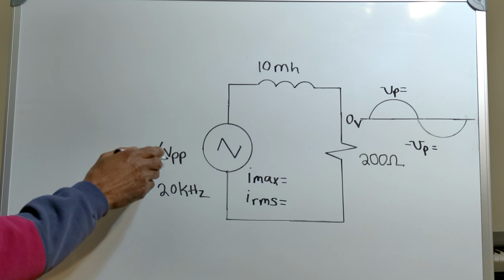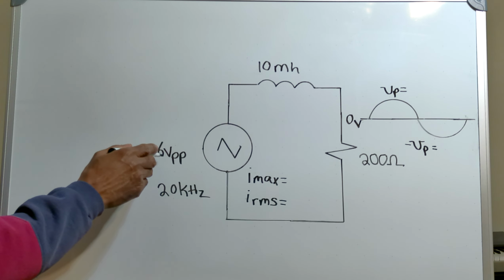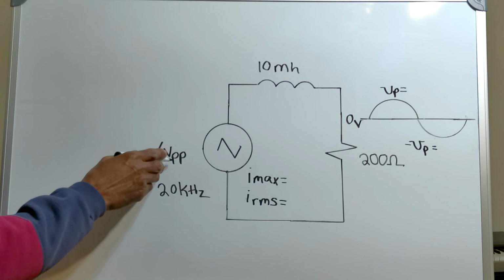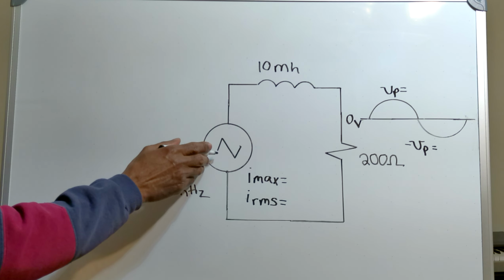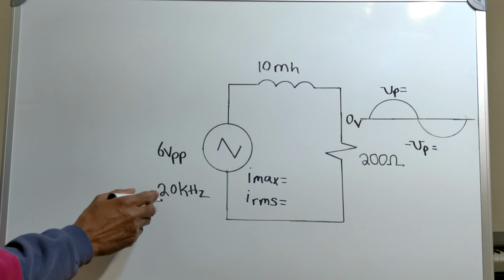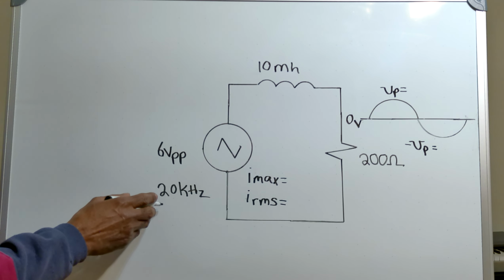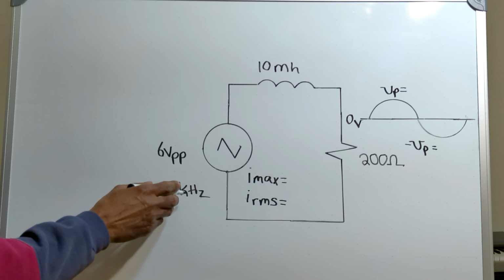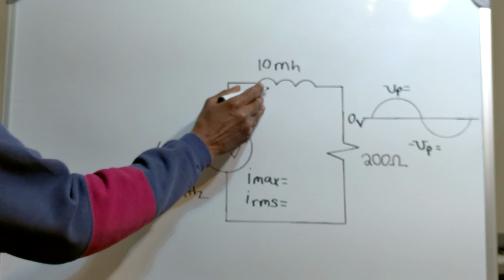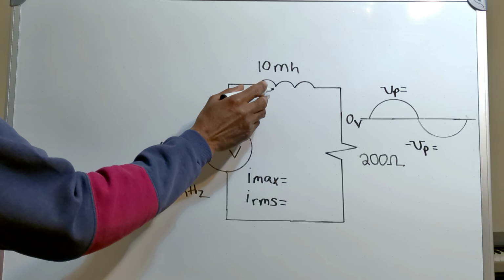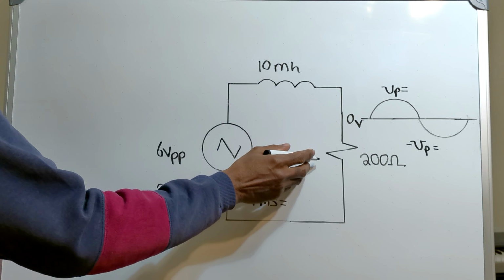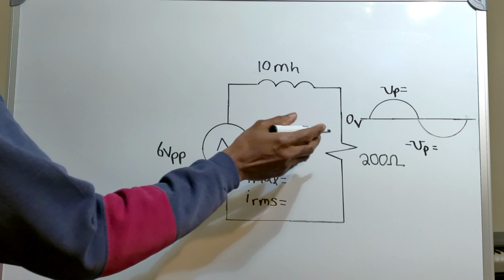Now, in this video, I have a 6-volt peak-to-peak triangular waveform on my input. My frequency is 20 kilohertz. I have a 10 millihenry inductor in series with a 200 ohm resistor.